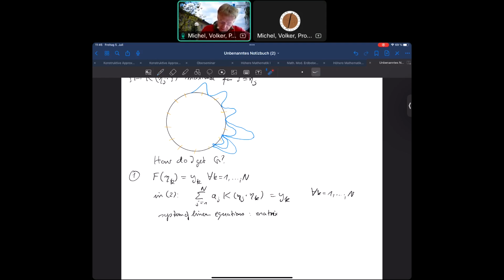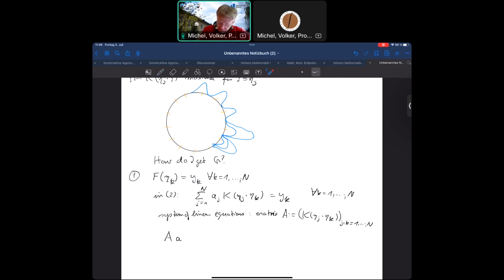Let me call it the matrix capital A, of all these values. And you have an A, capital A, lowercase a.